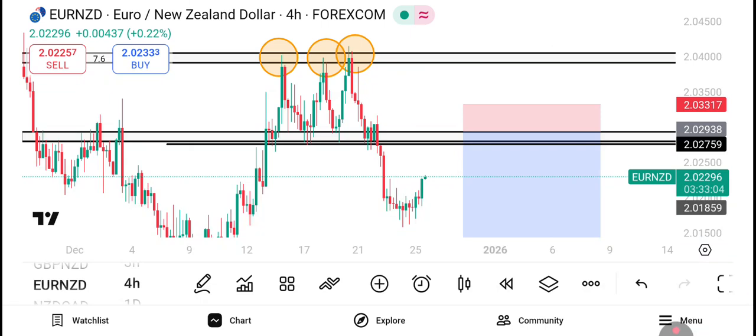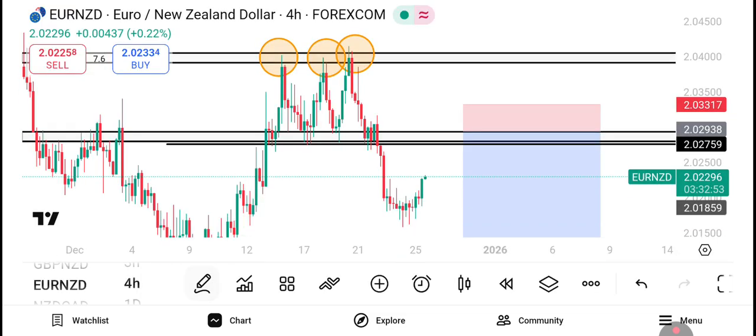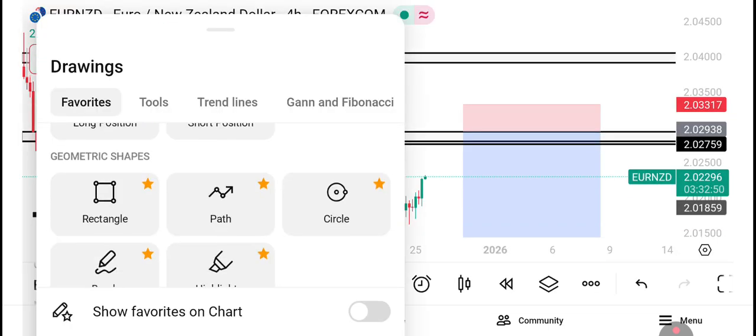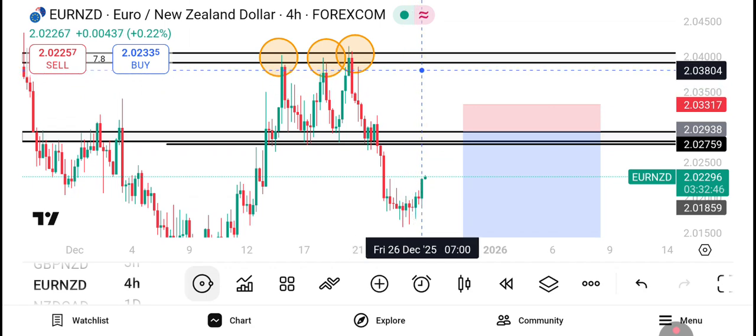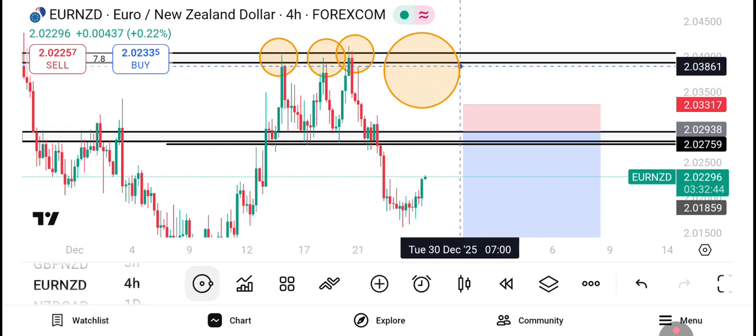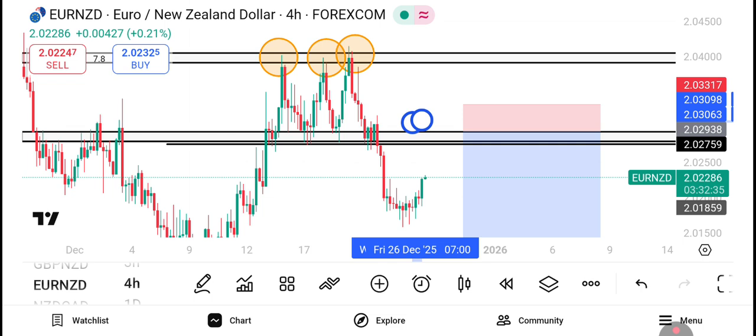So here is where I expect the market to react to, or this point over here. So you come here to touch this other block here. Then we take the sell, or this market will soon come here and we take the sell.